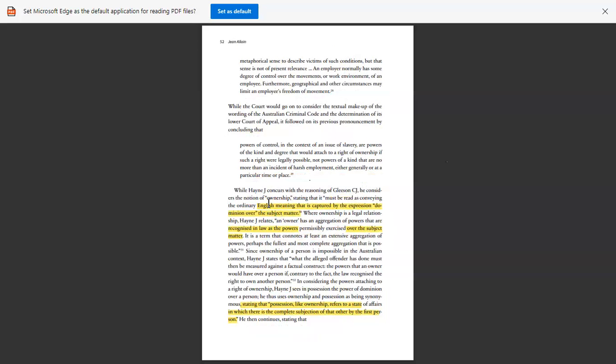Then they turn around and get into the English meaning that is captured by the expression dominion over the subject matter. So this was a couple of judges basically talking and considering the notion of ownership. And it must be read as conveying the ordinary English meaning, which is captured by the expression dominion over the subject matter. So, dominion, subject matter. I mean, this is exactly what happens when people are asking to have something dismissed for failure to state a claim.